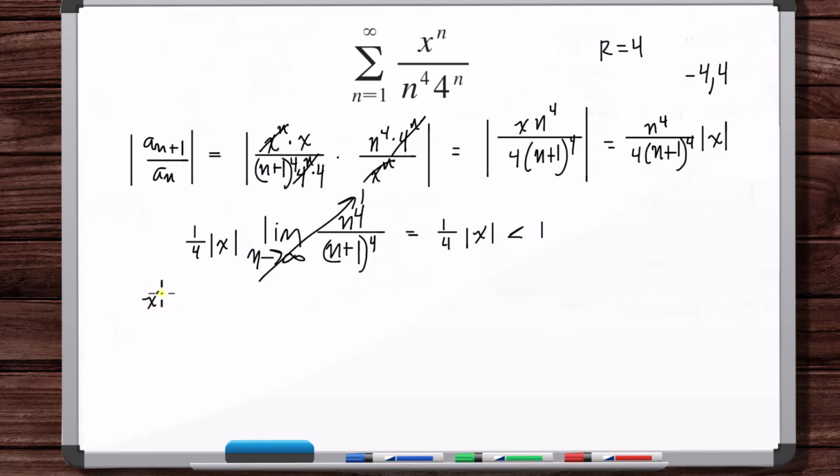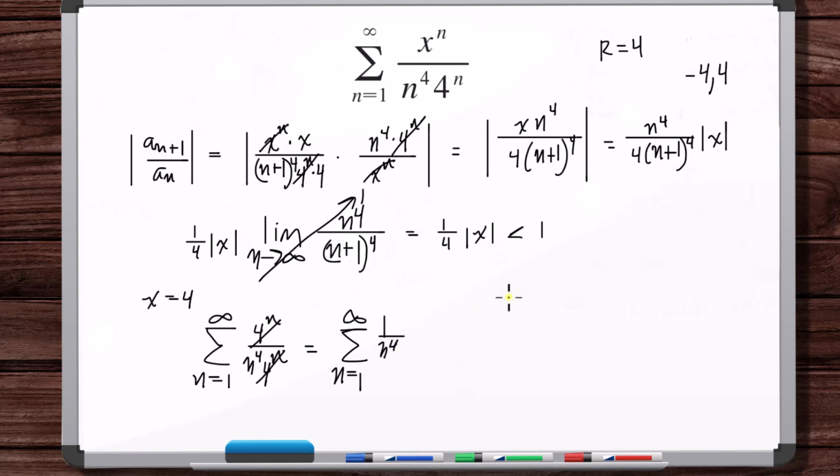When x is equal to 4, we've got 4 to the n over 4 to the n, and this is a P series, and it's convergent.